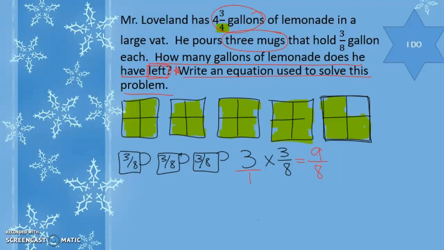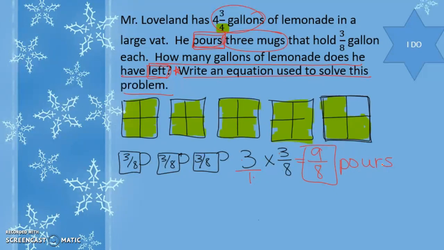So I have 9/8. 3 times 3, multiply the numerators. 3 times 3 is 9. 1 times 8 is 8. So I have 9/8 here. What am I going to do now? Well, I realize that if he pours 3 mugs that hold 3/8 of a gallon each, this is how much he pours.